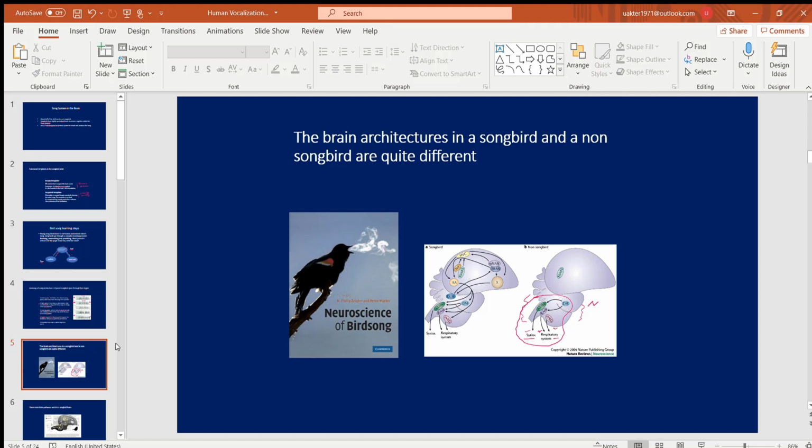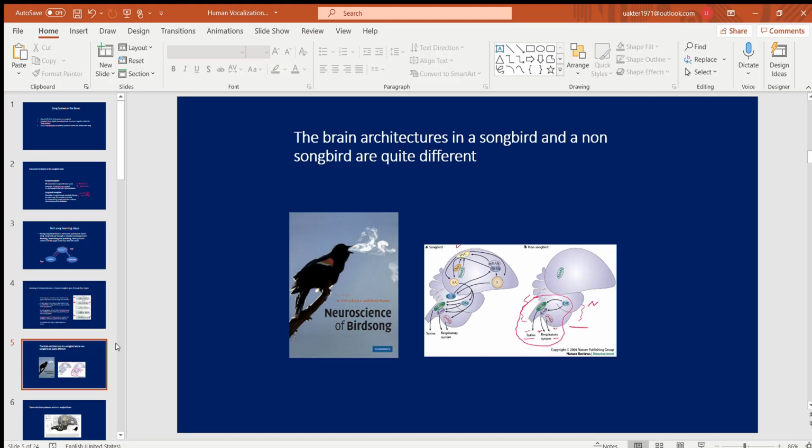However, if you see the brain of a songbird, you will see a number of structures and networks are involved, because song learning and producing the song involve a lot of work, right?